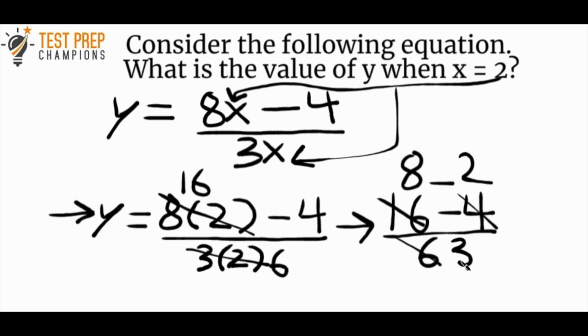Then you could have done 8 minus 2, which gives you 6, and we still have 6 divided by 3, which equals 2. So that's a little bit of a shortcut method, and either way you do it, you get 2. The answer is y equals 2.